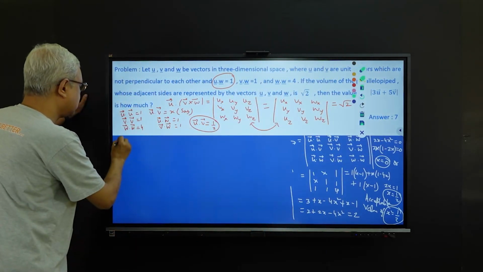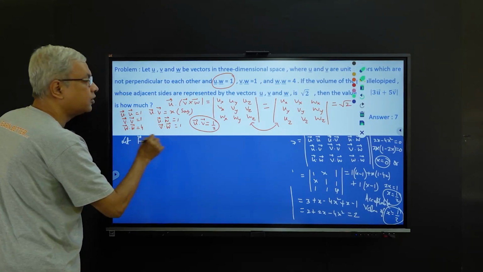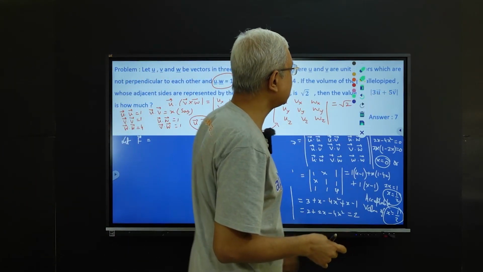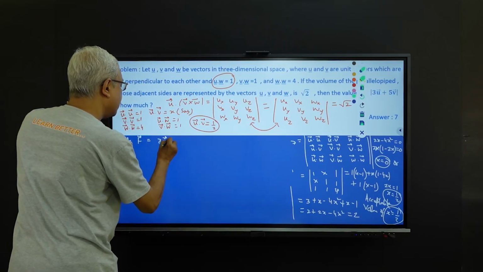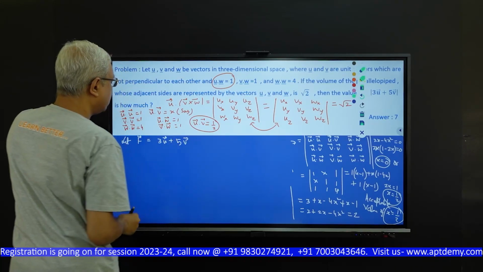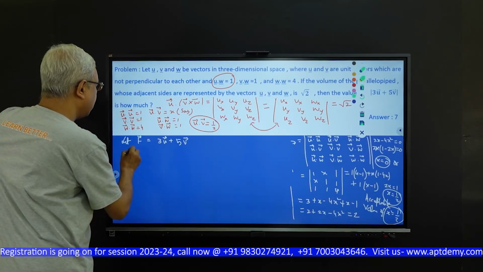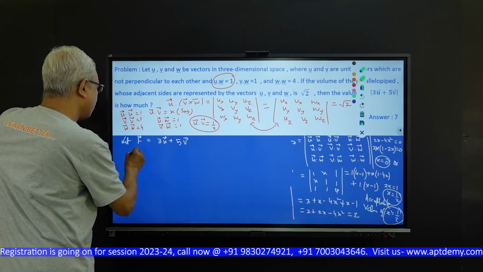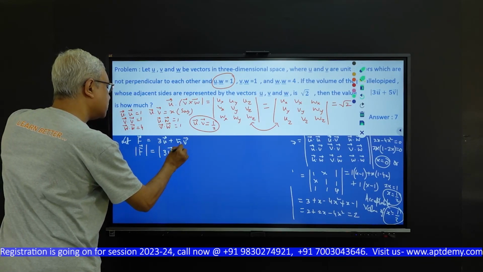Let vector f be 3u plus 5v. So mod of f is actually mod of 3u plus 5v.